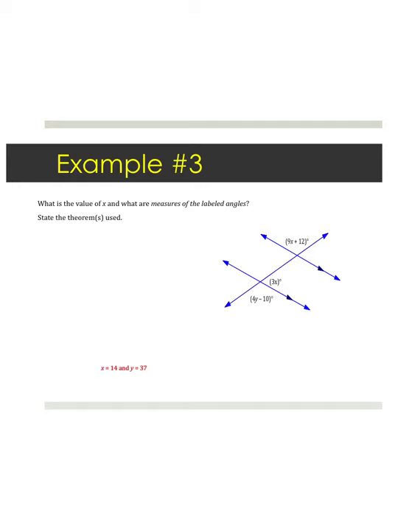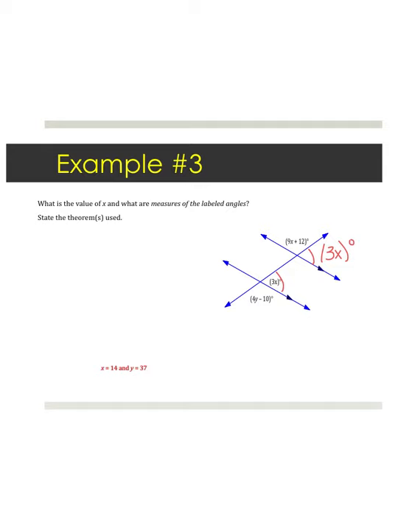So let's see what I can do here to try to move things around or use corresponding angles or vertical angles or what have you to make my life a little bit easier. So I know these two angles are congruent. Because they're corresponding, this angle is also going to be 3x degrees.